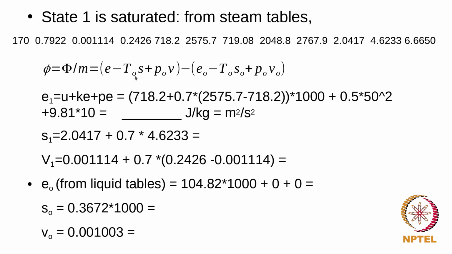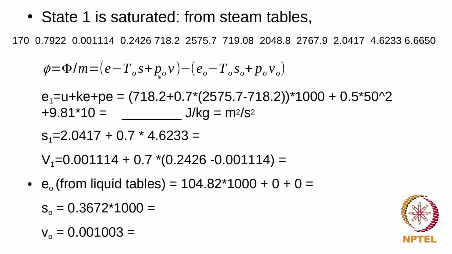The next term is T naught, which is 298, times S. Again, S is calculated at the initial condition of the steam, which is 170 degrees centigrade and 0.7 quality. So S would be essentially Sf plus x into Sfg. We can find out this value, multiply it by T naught, we get this.